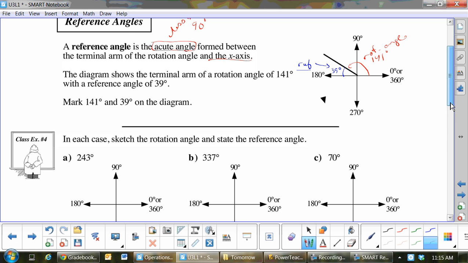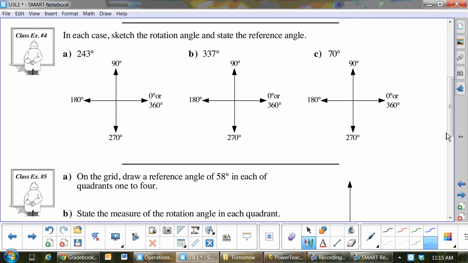Okay. Let's do a couple of these. It says, in each case, draw the rotation angle and then state the reference angle. The rotation angle is 243. Where am I for 243? Which quadrant? Quadrant 3. So again, you don't have to have the old laser protractor out, just kind of guess, right?